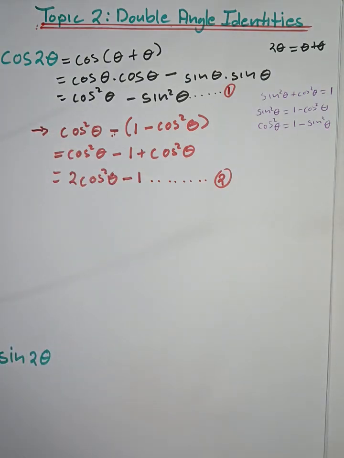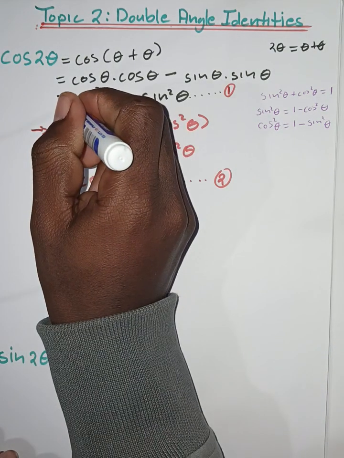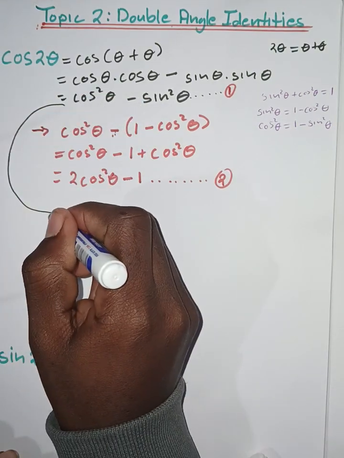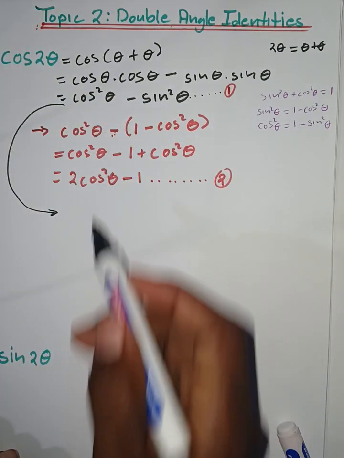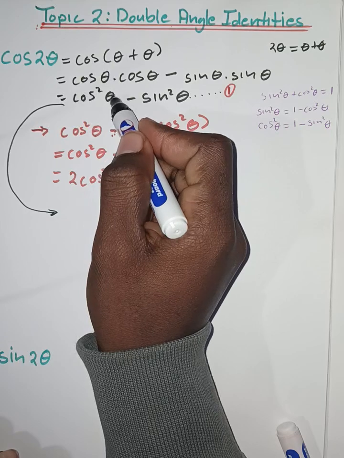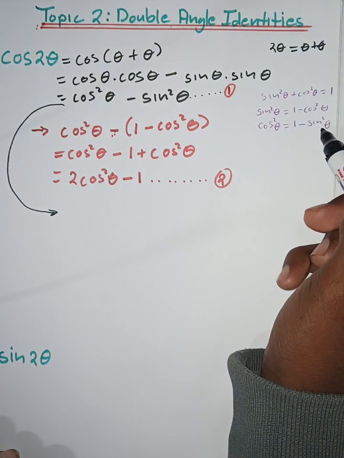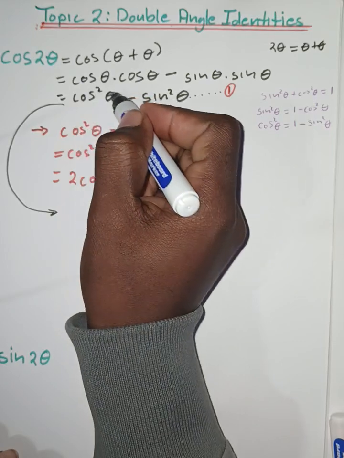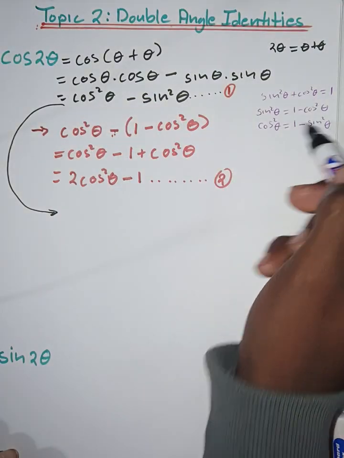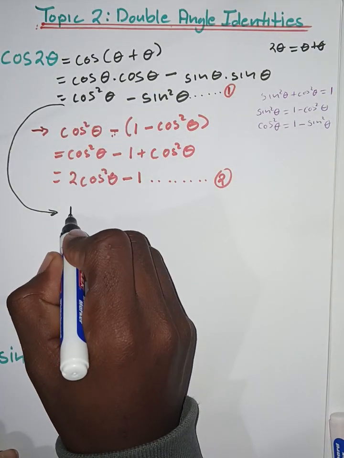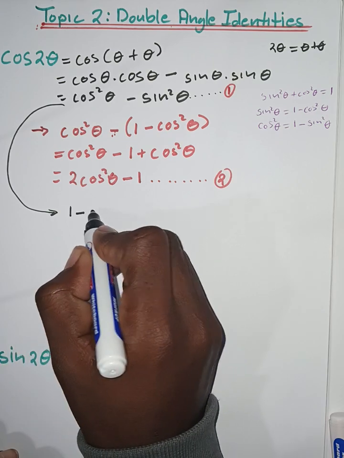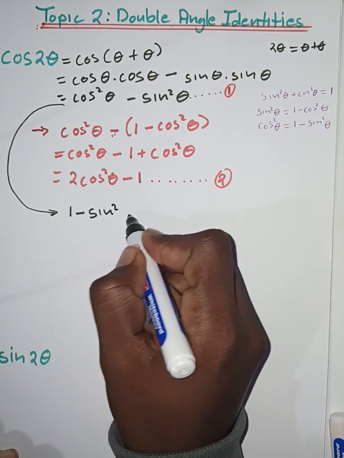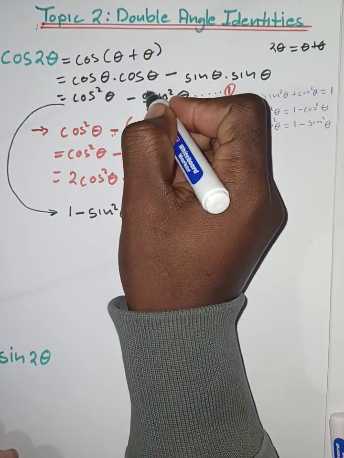And the third one would be from that step there. How about I just replace that cos squared of theta with 1 minus sine squared theta. So when I replace that cos squared with 1 minus sine squared of theta, we still have that minus, right?